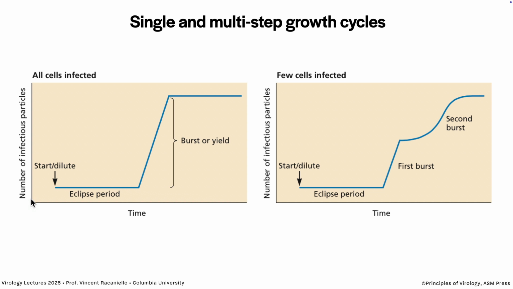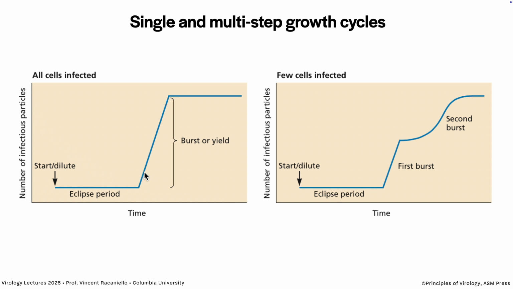And here's what you get. You have on this graph on the left, number of infectious particles, PFU per mil, versus time on the x-axis. When you infect cells, and then you dilute them, for a while, there's no evidence of new virus production. And then suddenly, the time varies. It's called the eclipse period because infectivity is eclipsed.